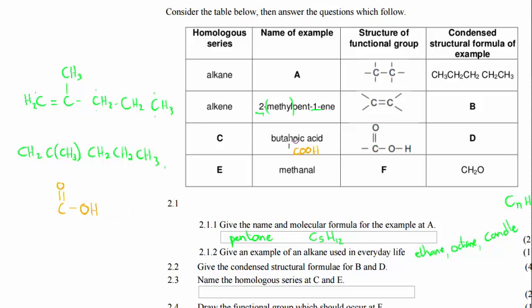So I know I'm going to end with that. Butan just means there's 4. There's my 4, 1, 2, 3, 4. He's happy. This one needs 2 hydrogens. This one needs 2 hydrogens. This one needs 3. So CH3, CH2, CH2, COO. Okay. Cool.